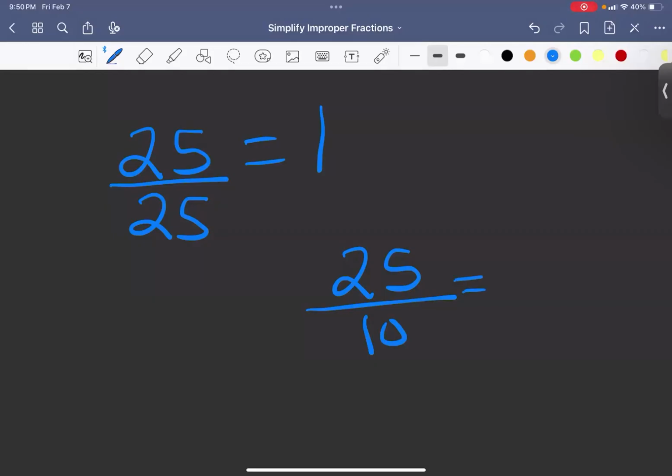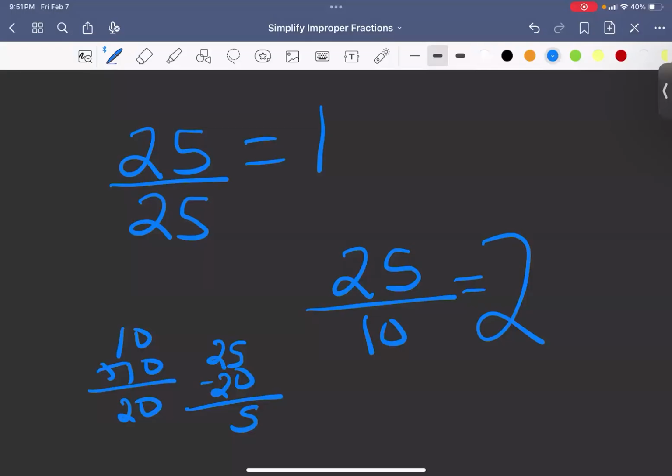So 10 can go into 25 2 times because 10 plus 10 is 20. And then 25 minus 20 is 5. So we're left with 5. And we keep the same denominator, which is 10.